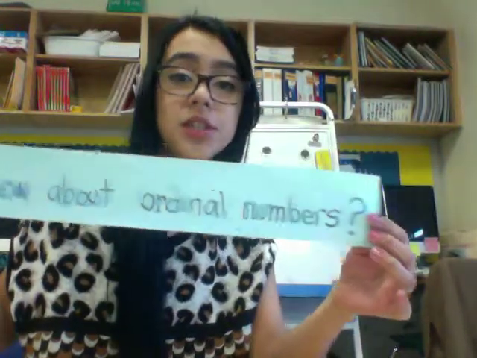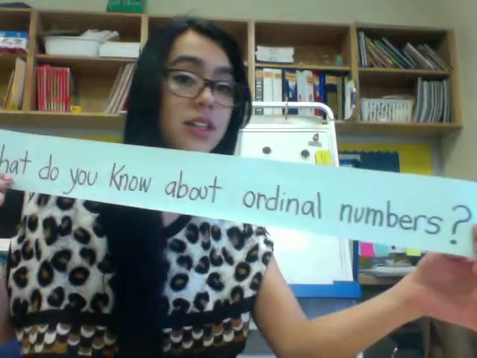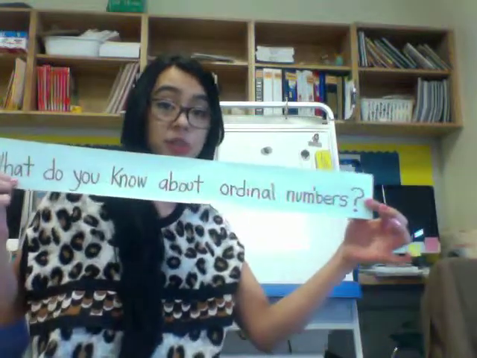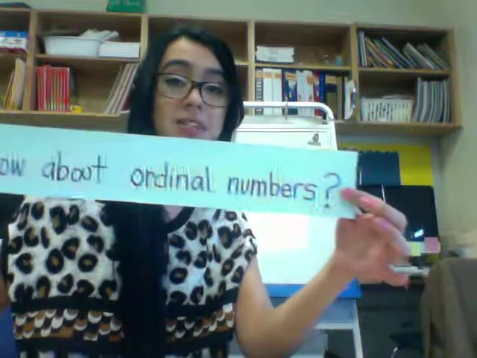After we do the warm-up activity, I like to start my lessons with an opening question, just to start up discussion and get the kids ready for the lesson. So today my question is, what do you know about ordinal numbers? I'm trying to show it here on the screen, and I hope you can see it.